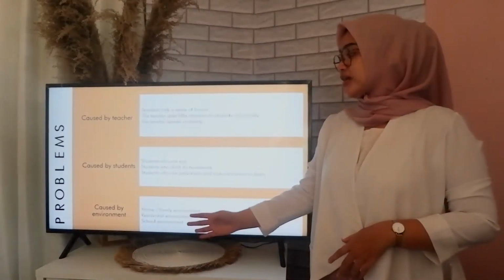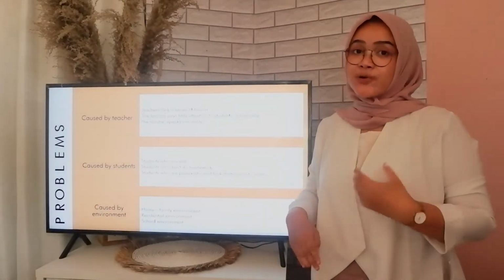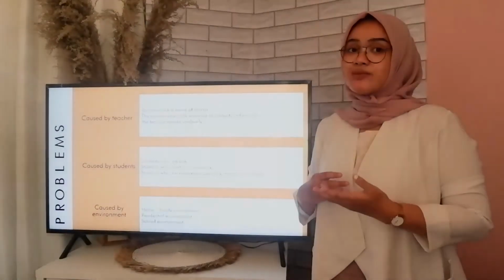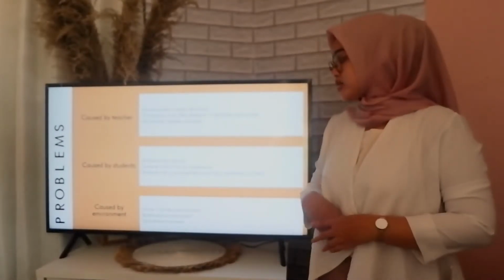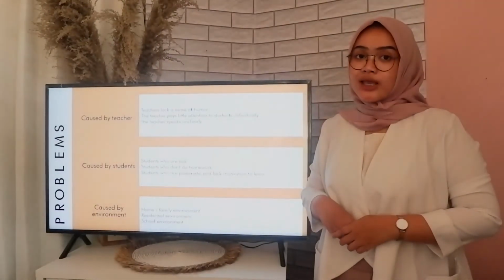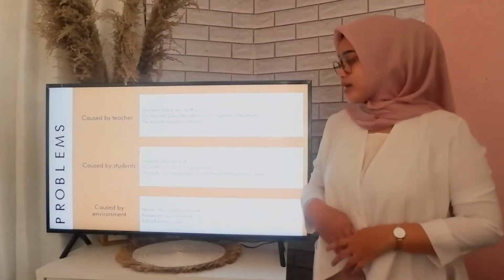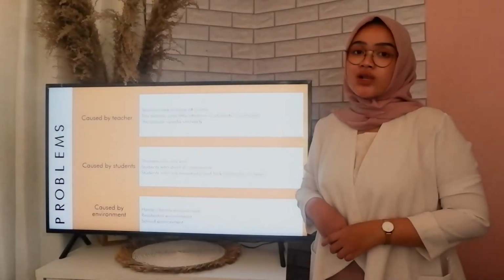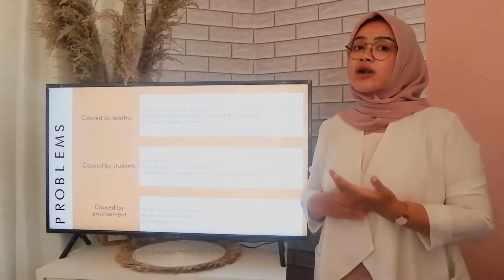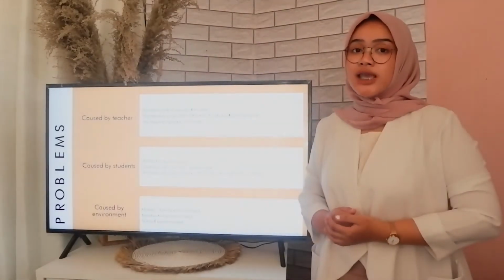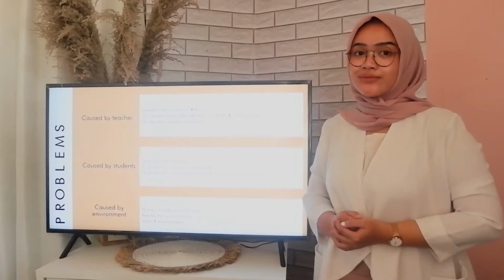Then there are problems caused by the environment. The first one is the home or family environment, the second is the residential environment, and the last one is the school environment. So those are the problems in classroom management.